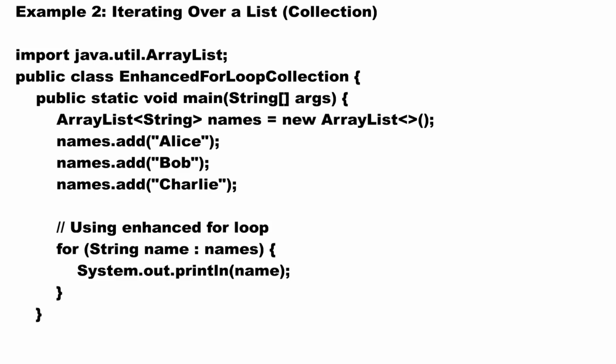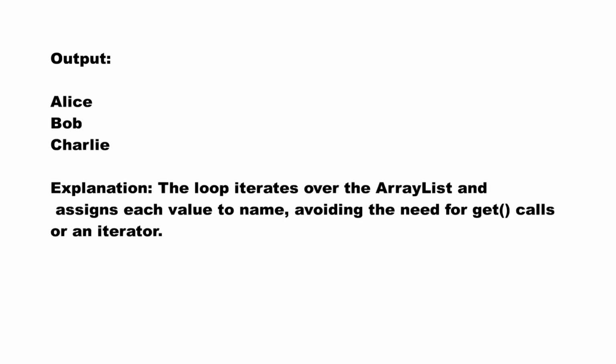For, open bracket, String name colon names, close bracket, open braces, System.out.println, open bracket, name, close bracket, semicolon, close braces, close braces. Now let's look at the output, which is the variable that was initialized.